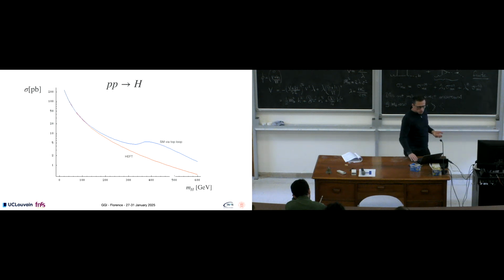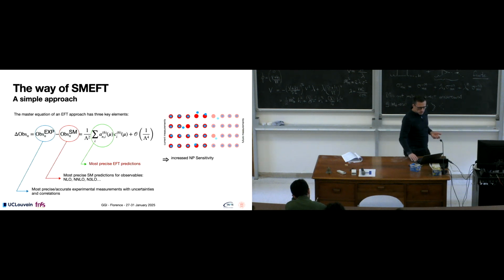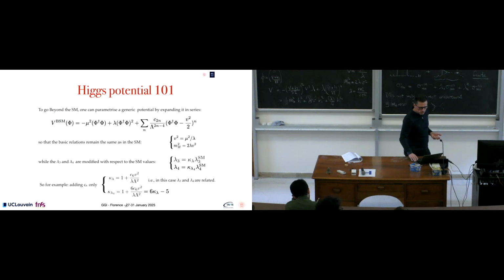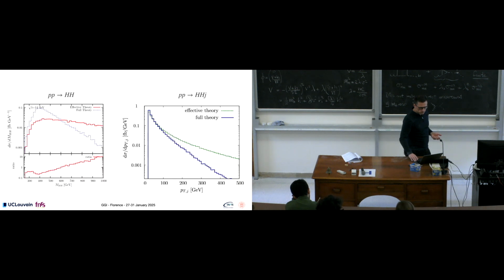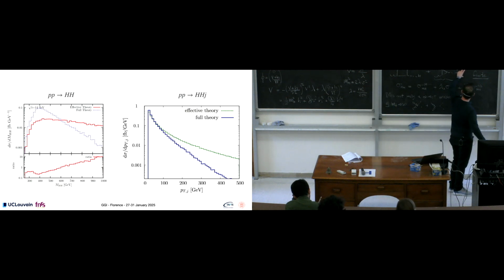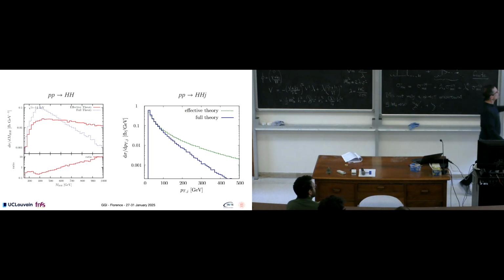So now I'll show you the plots. This is a question that people asked themselves some time ago. So this is the invariant mass plot, right? This is a distribution of invariant masses of the two Higgses in double Higgs production. So you build a distribution, you run a Monte Carlo, and you check where the events are.